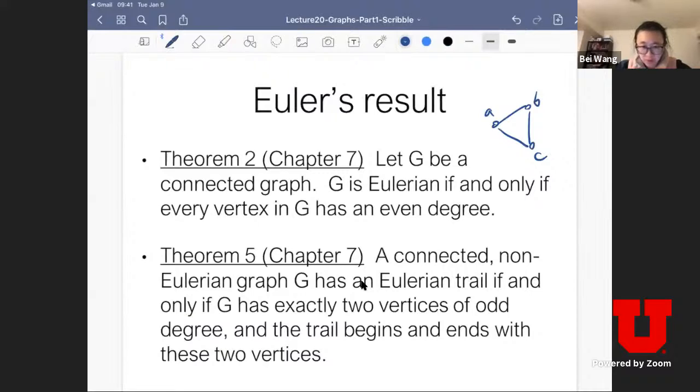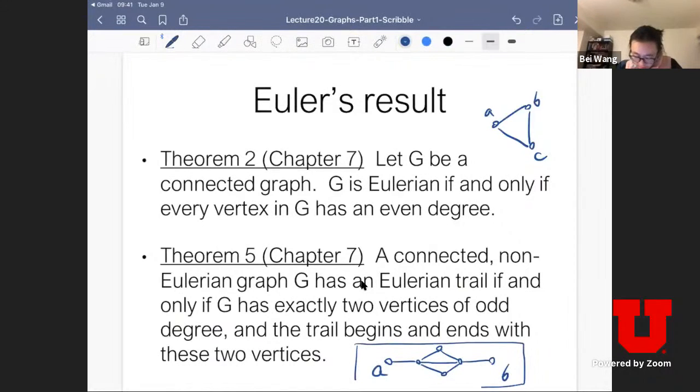So what is a simple example? If I have a graph, so this is an example where the only nodes with odd degree are vertex A and vertex B. And now the question is, does this graph contain an Eulerian trail?